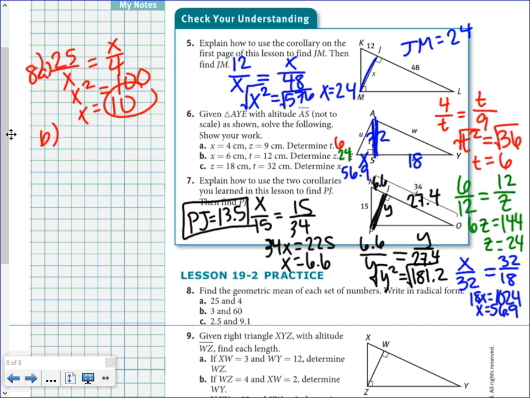For part B, the other thing is to say your geometric mean is the square root of A times B. And so our A and our B are 3 and 60. And so I get the square root of 180, which is 6 square roots of 5 if you factor 180.